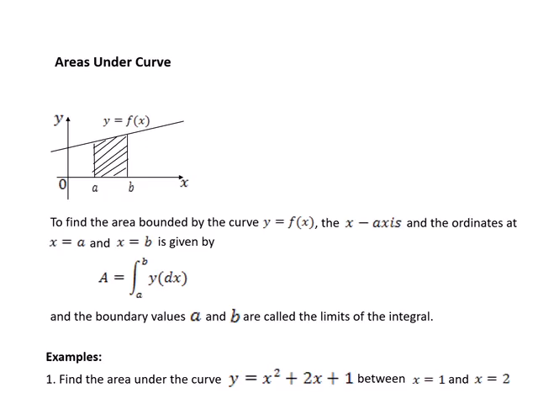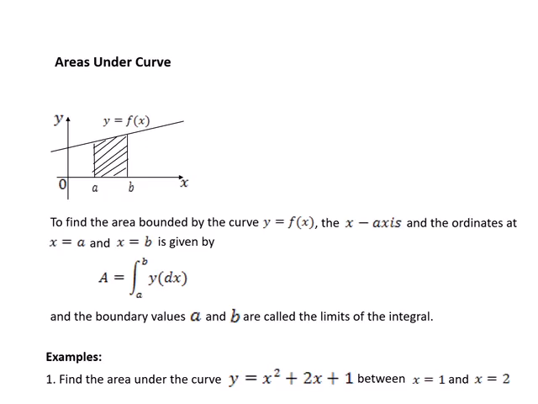Now to understand this better, we are going to look into an example. Find the area under the curve y equal to x squared plus 2x plus 1 between x equal to 1 and x equal to 2. So y is given as x squared plus 2x plus 1, and the limits, which we also call the intervals or boundary values, are given from 1 to 2.